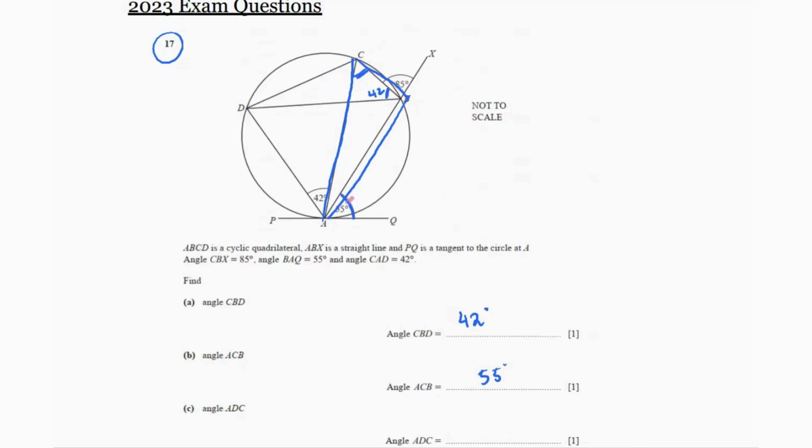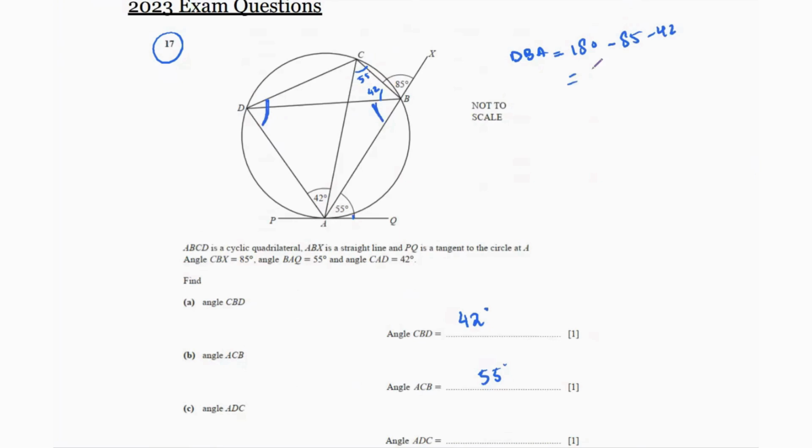Then ADC. This one. So we said this is 42, 55. We can find this angle first, which is going to be DBA. That's 180 minus 85 minus 42.